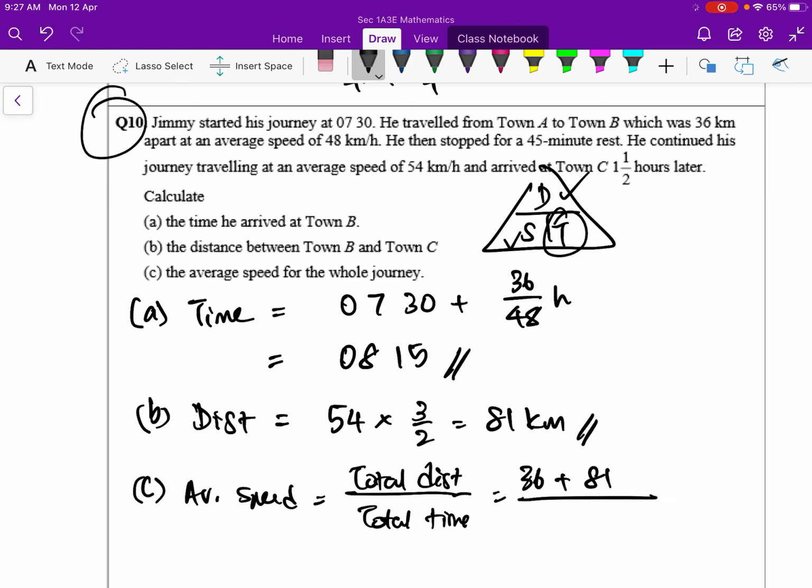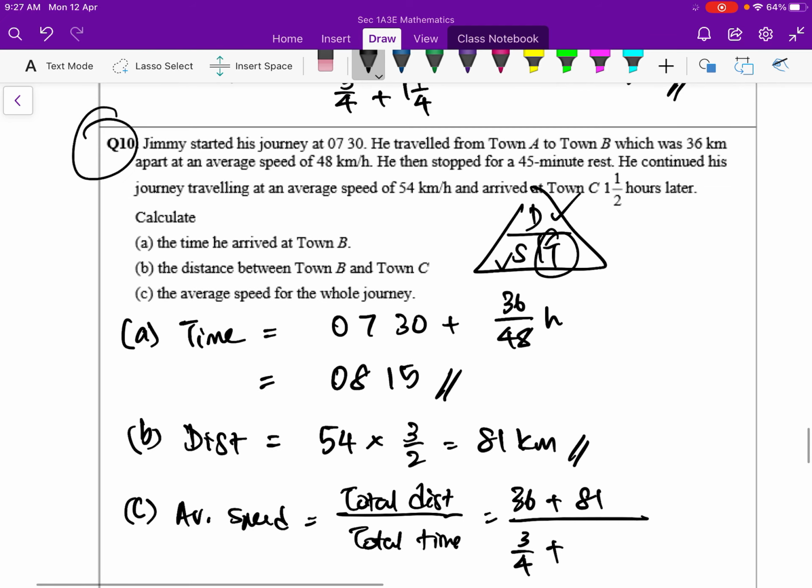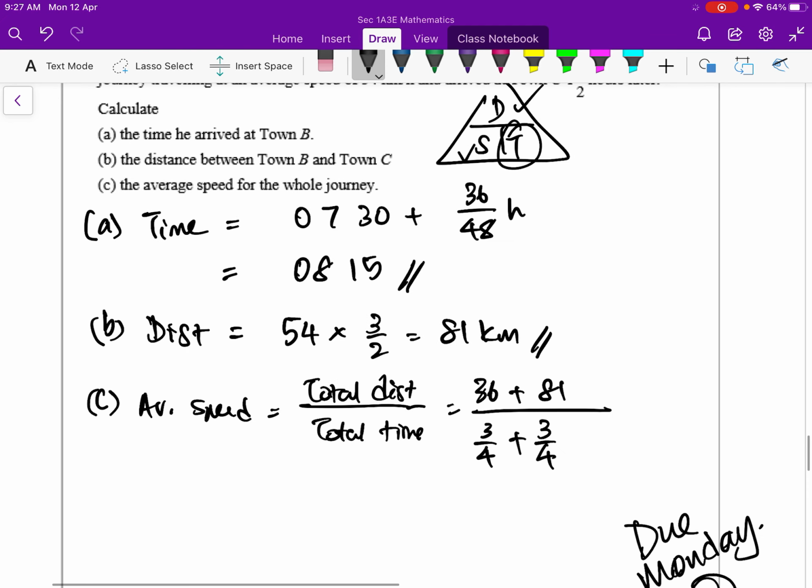Now denominator. The time taken for the first part of the journey was 3/4 of an hour. I'm writing 3/4 instead of 45 minutes because I want the final answer to be in terms of kilometers per hour. So he took a break, another 45 minutes, so another 3/4 of an hour.